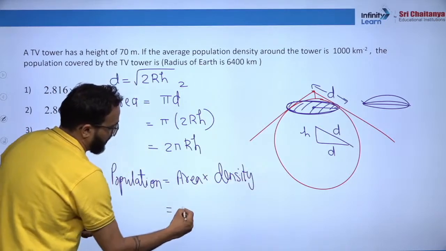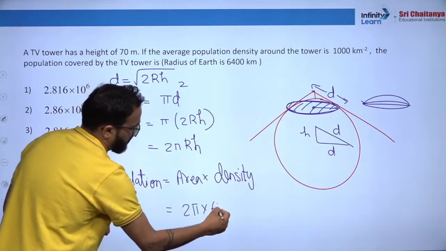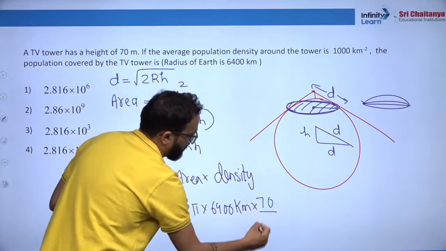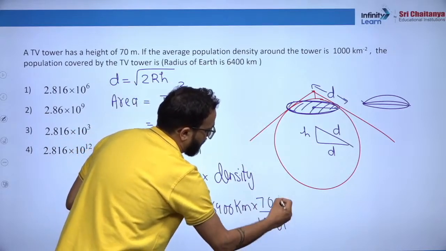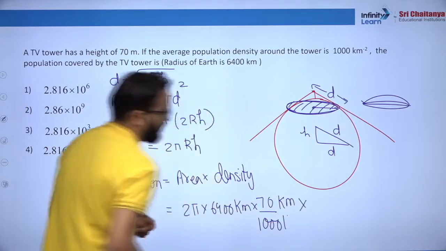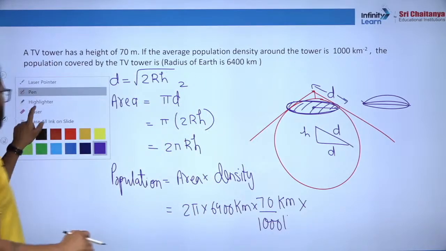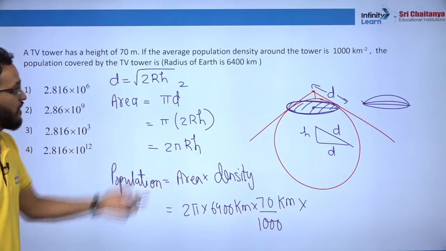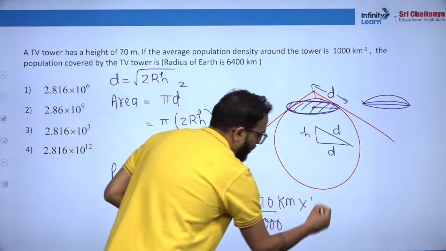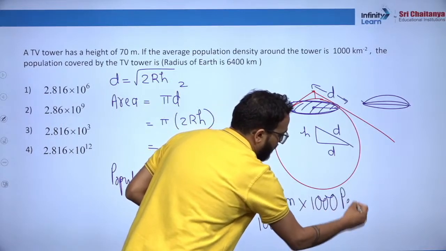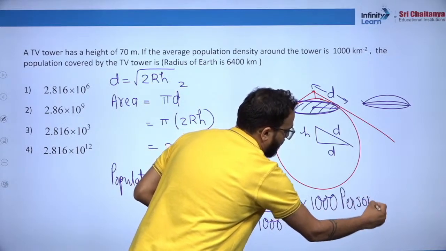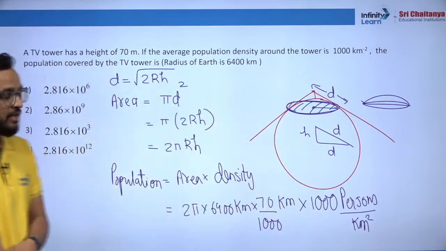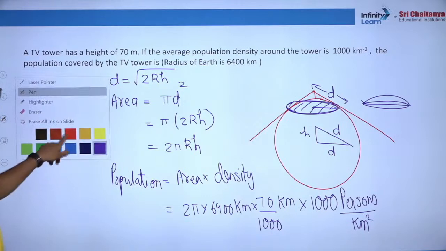So this is going to be 2 pi into 6400 kilometer into 70 by 1000 kilometer into, what is the density? 1000 persons per kilometer square, right? Now if you completely solve it, you will get your answer.